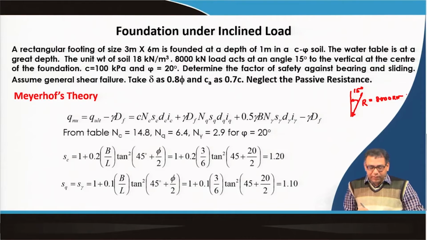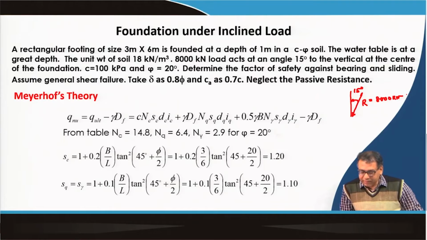Then we have to determine the factor of safety against bearing and sliding. Assume general shear failure, take delta equal to 0.85 phi and c dash equal to 0.7 c. Remember why: for previous cases I had to check only the bearing capacity, but here you have to check the sliding also, because when the load is acting, there is a vertical component and a horizontal component also.